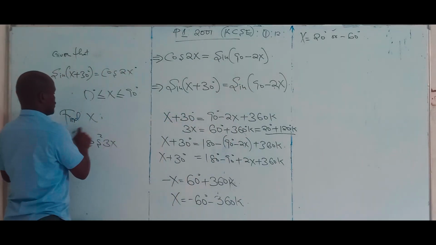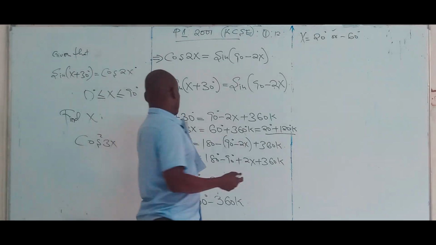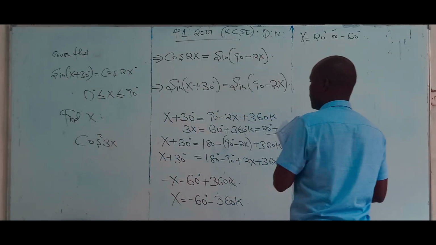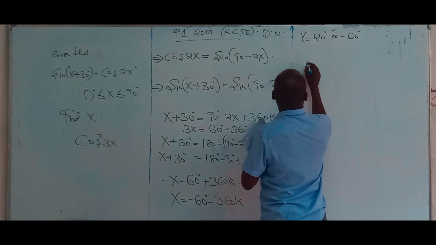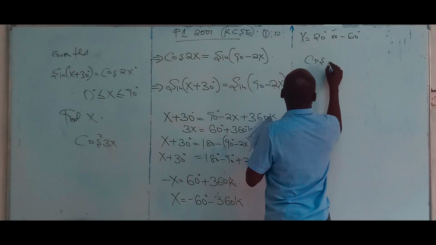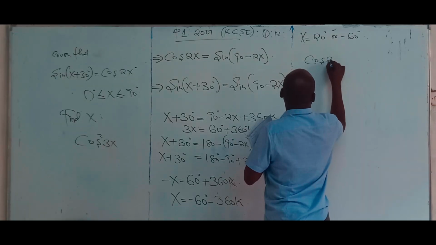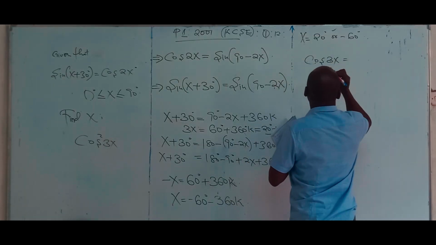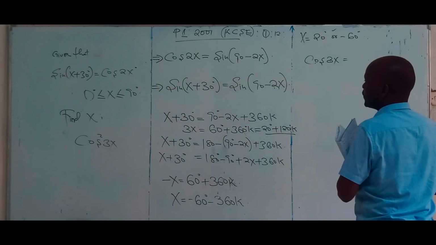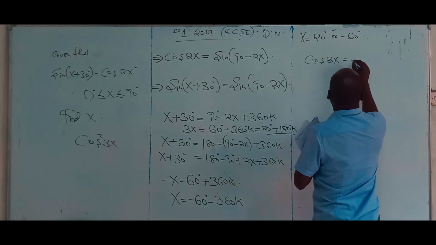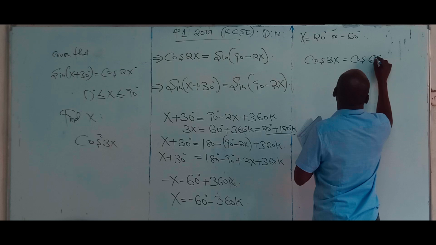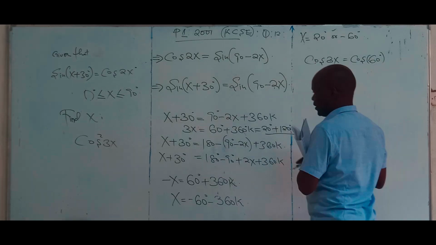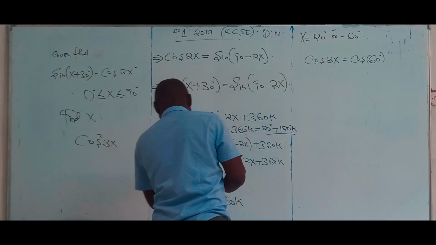But then we were asked to get the cos squared of 3x. Cos of 3x will be cos of 60 degrees.